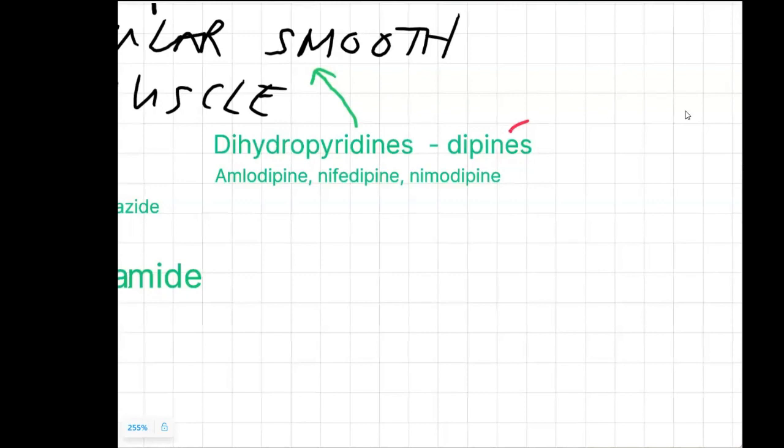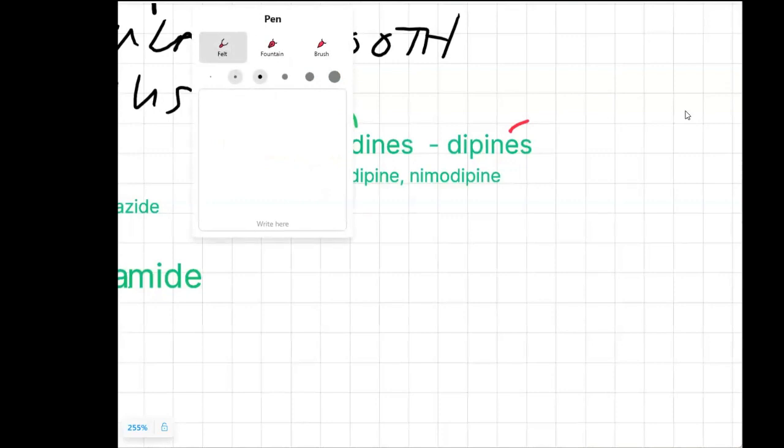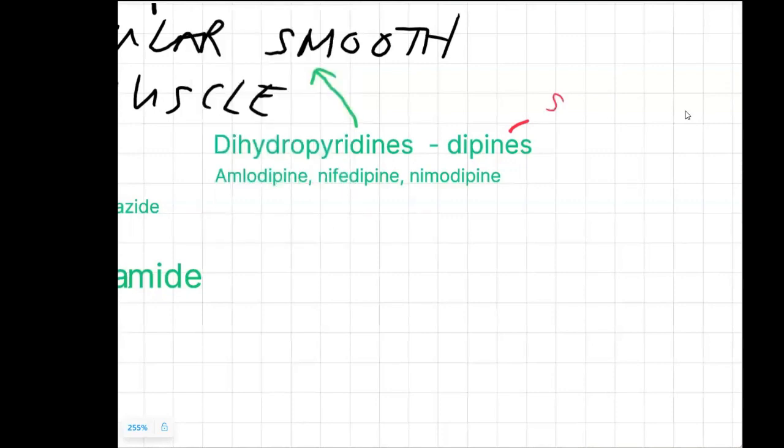So we'll put that here as the side effect. So edema due to too much vasodilation. And again, not just the feet, but hands and feet. And also flushing, which is when their face turns red, and headache due to over vasodilation.